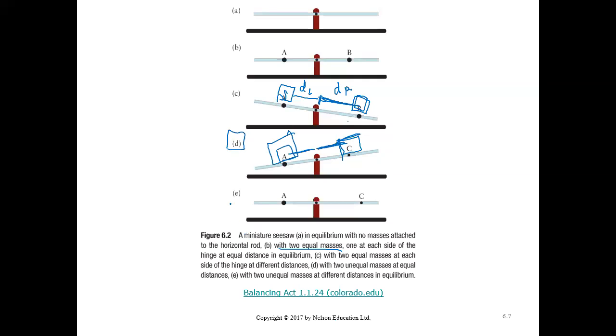Now, what about E? What we have in E, they are two unequal masses. This is a big mass, the same thing. But this guy, small mass, but it is further from the hinge point. So the smaller force is kind of offset by bigger distance.